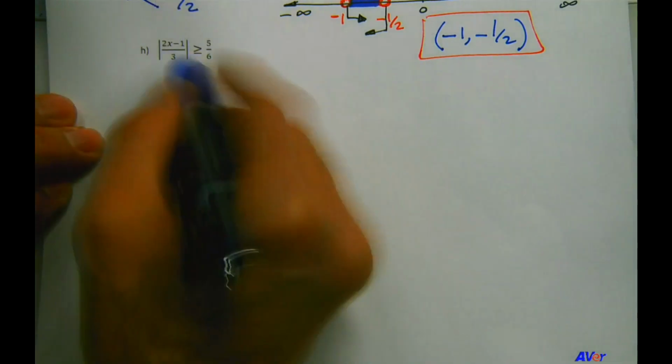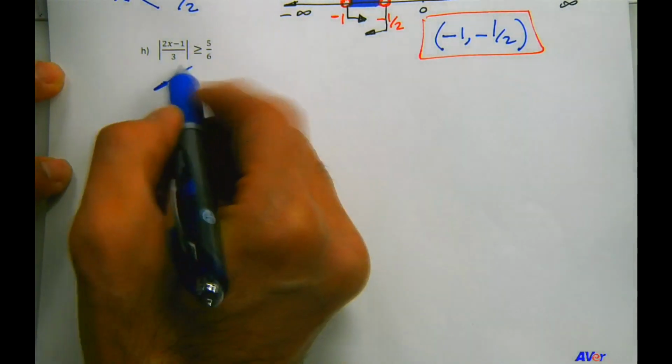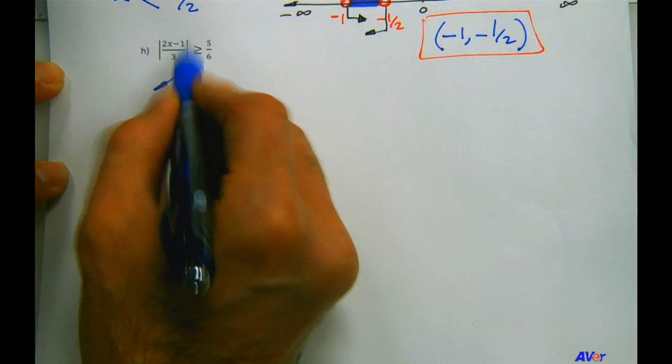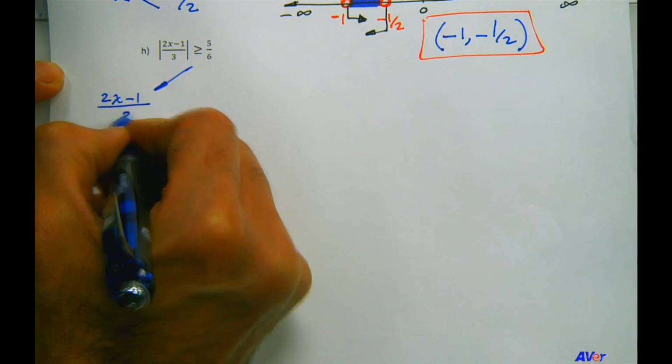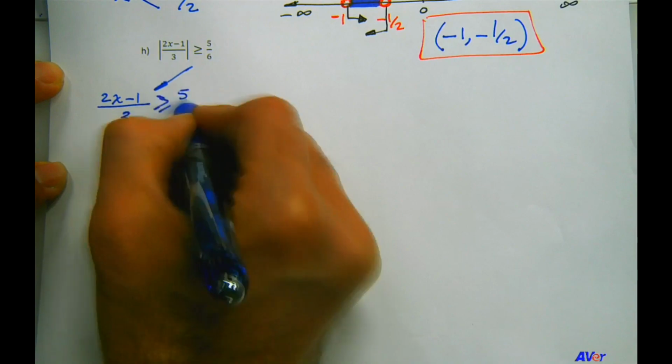Okay, so once again, we have two solution paths, right? One solution path is exactly that as it is without the absolute value bars. So (2x - 1)/3 ≥ 5/6, right?